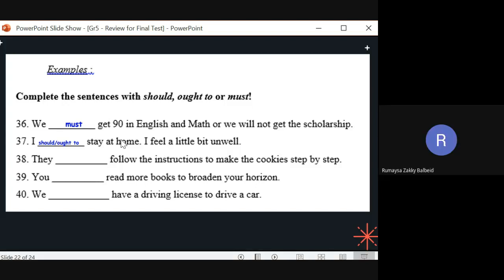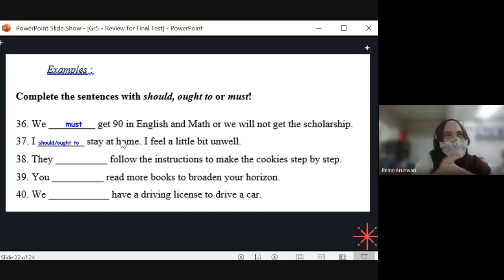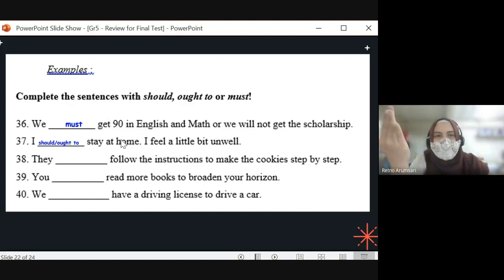Must, should. Some say must, some say should. But I think if the person is very good at making cookies, then they should. I mean, their answer must be should.